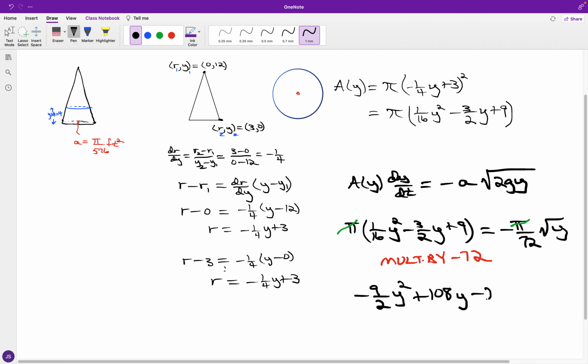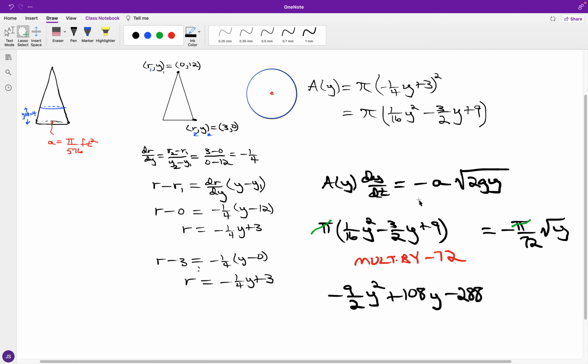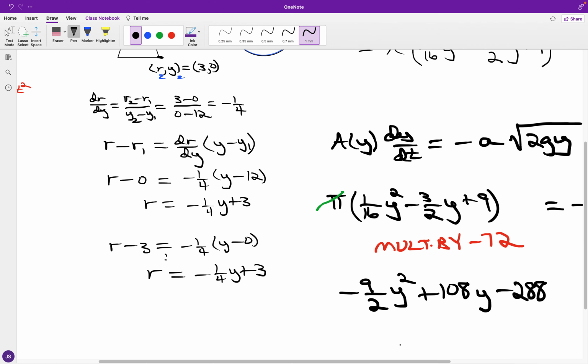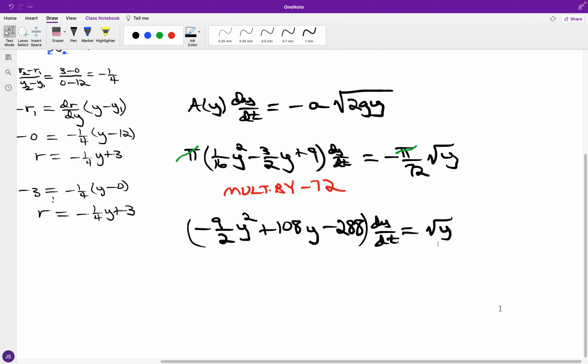Then we have minus 288, and before I get too far ahead, I still have the dy over dt on the right. So you have that expression, dy over dt is equal to the square root of y.